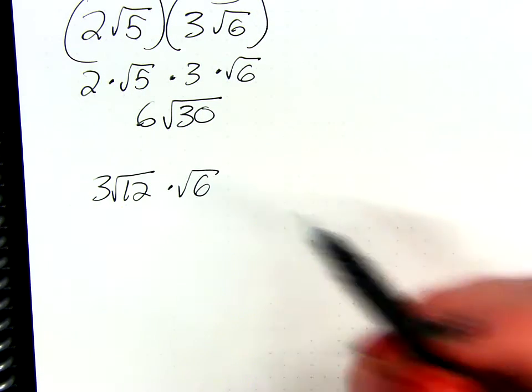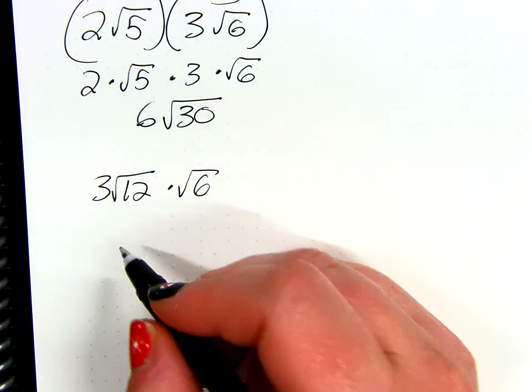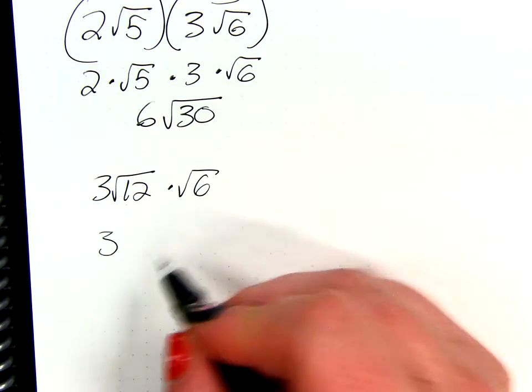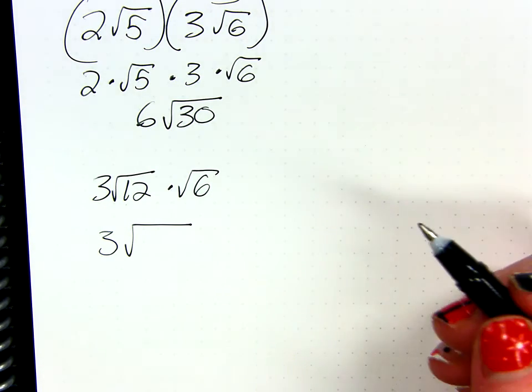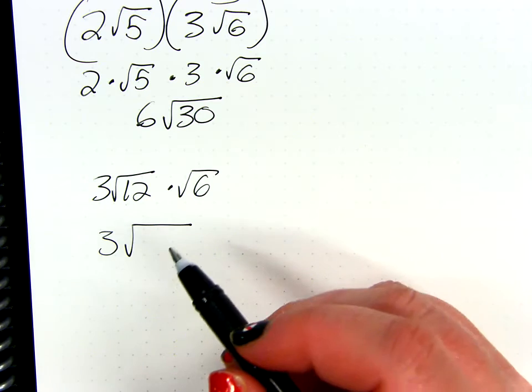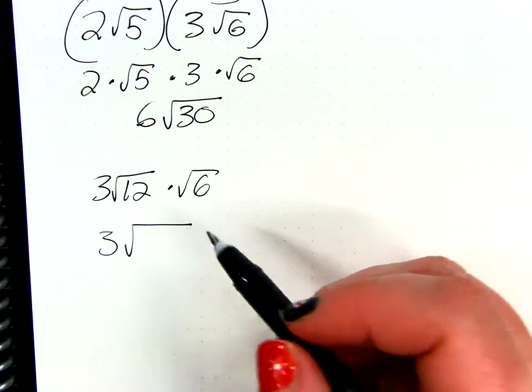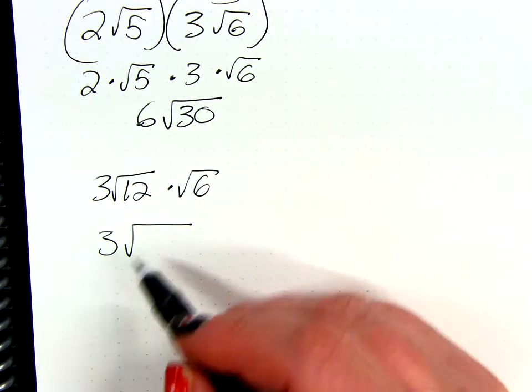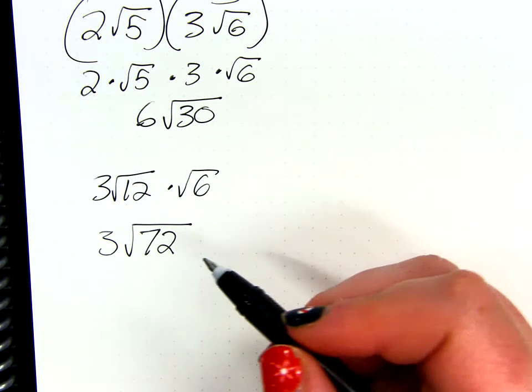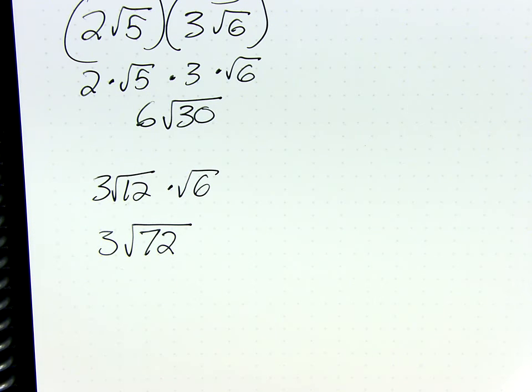So if I multiply all the numbers that are not under the root, it's just 3. Then if I multiply 12 and 6 together, what's that get me? 72.